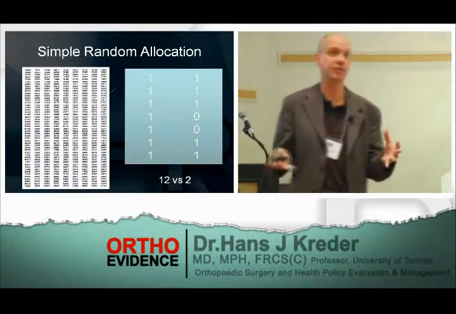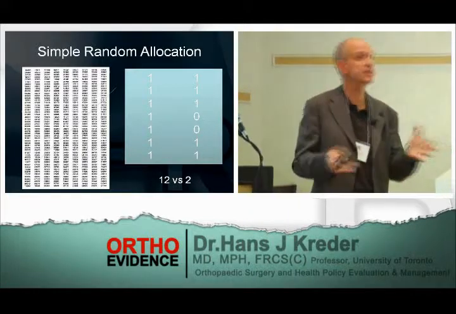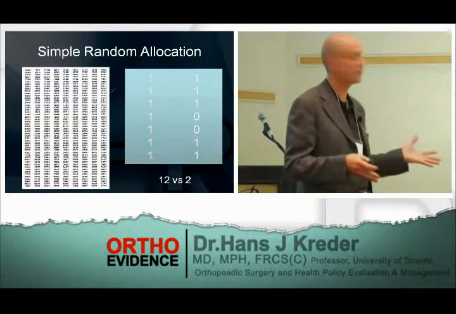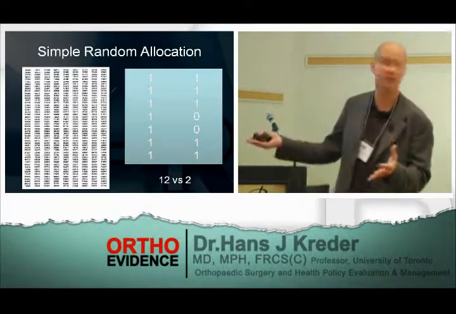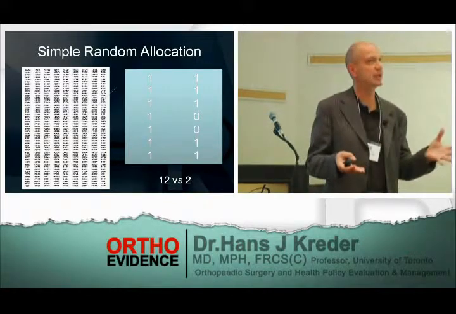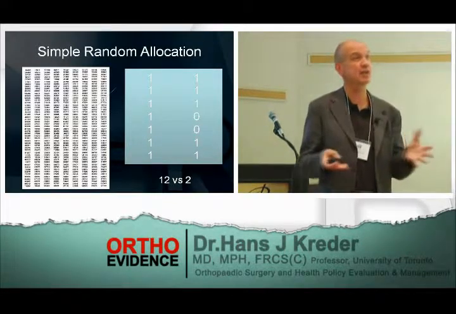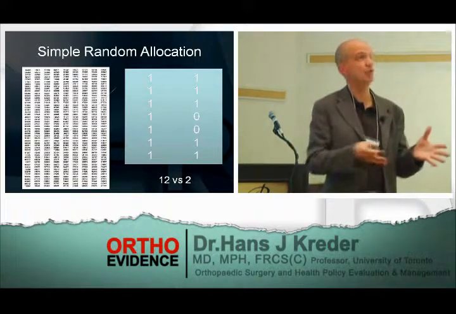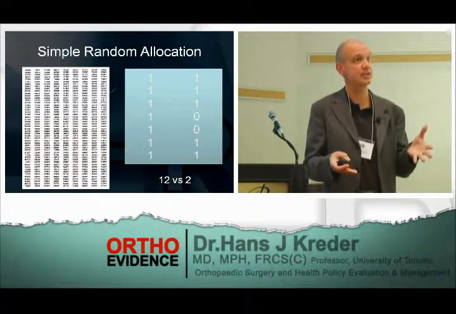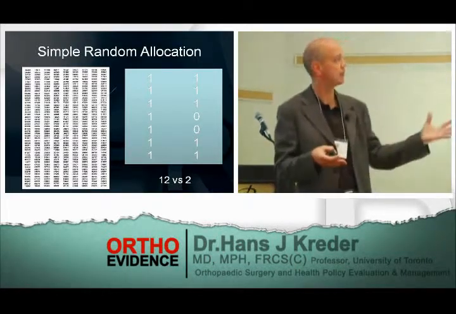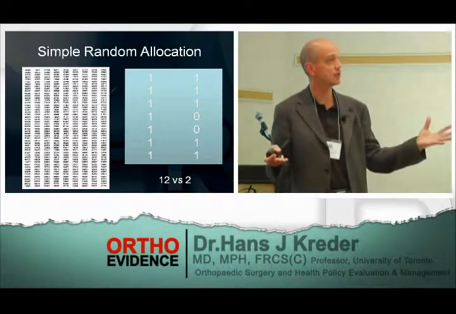Now that's fine if you're doing a randomized trial of 1,000, because eventually it'll even out, and there'll come a time later on in the trial where you've got 14 group Bs and 3 group As in a row maybe. But if you're doing a trial of 20 or 30 patients and your accrual is slow over time and you're getting these patients in, there might be a significant bias if you're entering 12 of them into one treatment group and only 2 into the other.